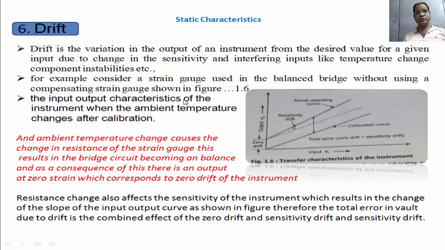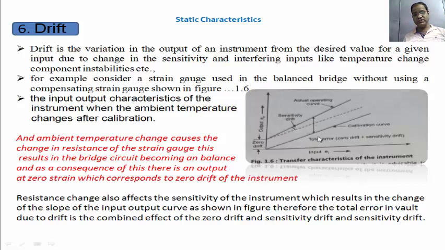The input-output characteristics of the instrument change when the ambient temperature changes after calibration. You can see that this is the transfer curve, output, and this is E_i, which is input. This is your sensitivity drift, and this is the actual operating curve, and this is the calibration curve.